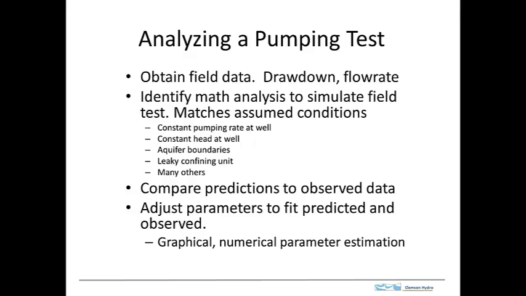There are a variety of conditions that we'll assume. One would be what's happening at the well, and so we could have a constant pumping rate, a constant head at the well, perhaps other things. We need to assume what's happening there, and then we also have aquifer boundaries. Is the aquifer of infinite extent? Is the aquifer truncated?